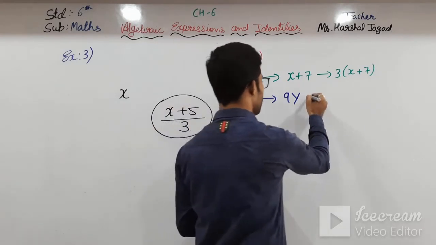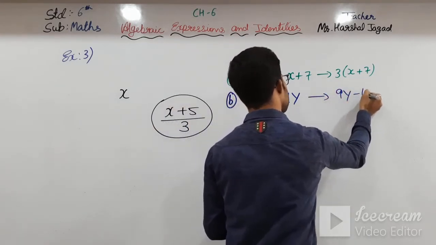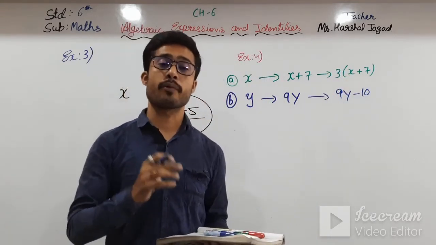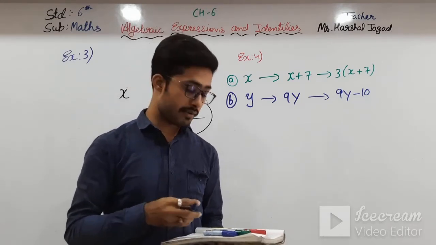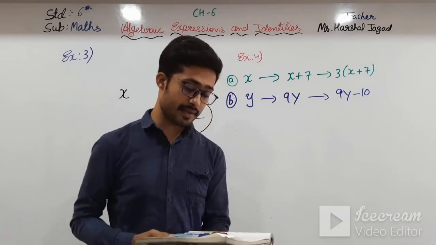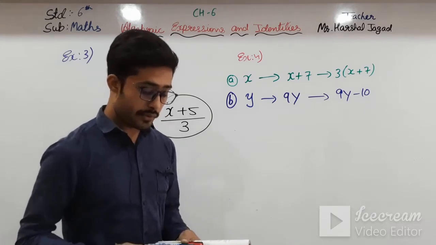So, we have to subtract 10. So, 9y minus 10. Okay students, if you do the step by step process, then your answer will never be incorrect.